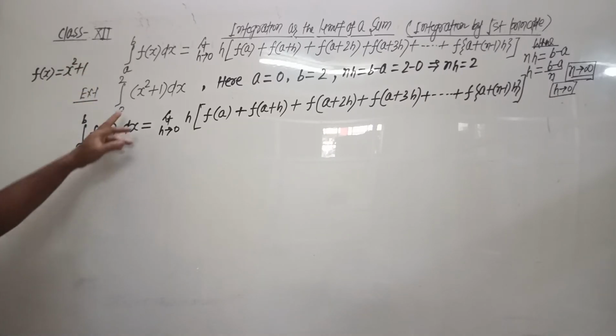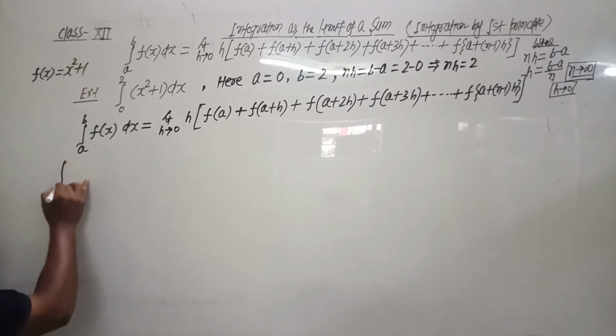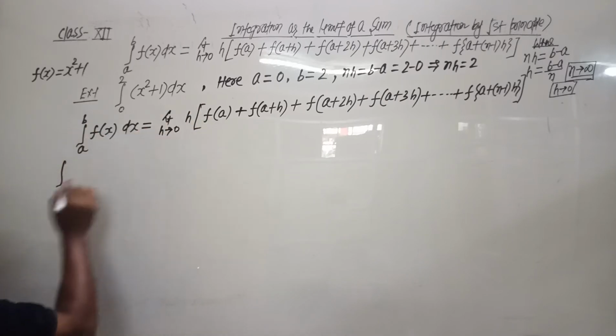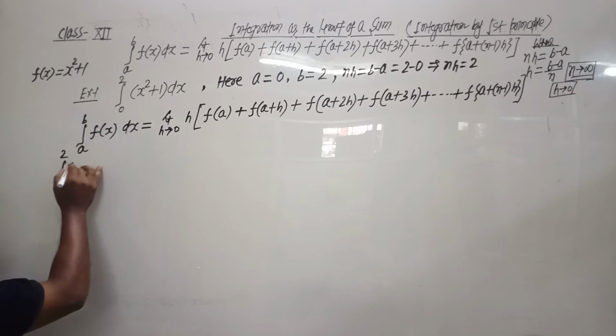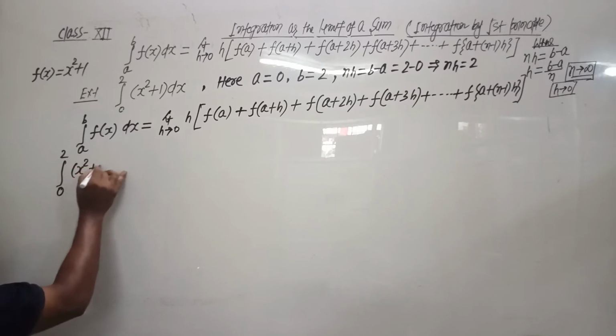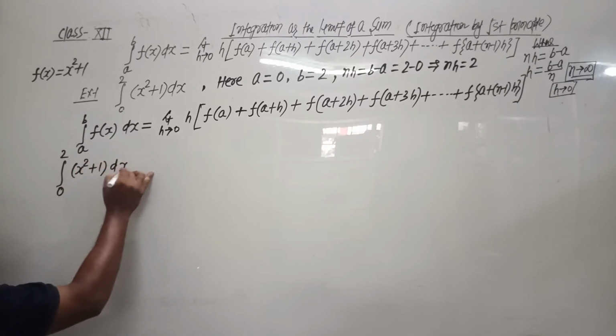So we can write integration a to b, where a is 0 and b is 2, of x square plus 1 dx.